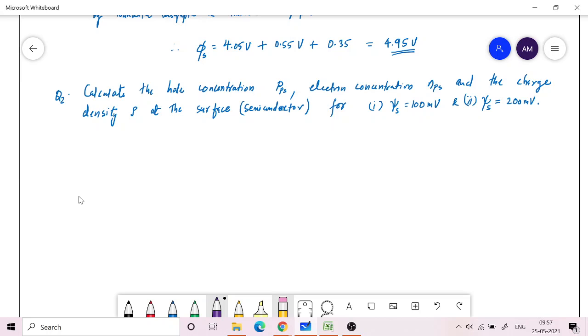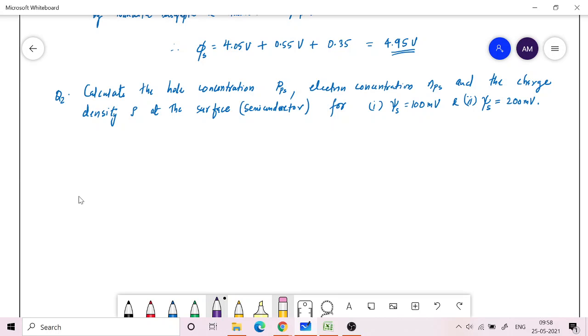That bending corresponding to the positive voltage applied is what corresponds to positive psi s. That's how we have taken it, so that's a convention we are going to use. So we are applying a positive voltage.